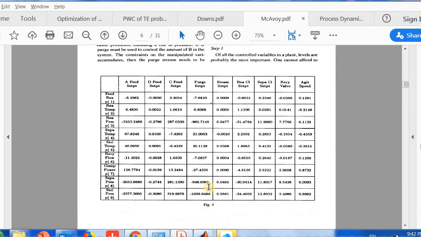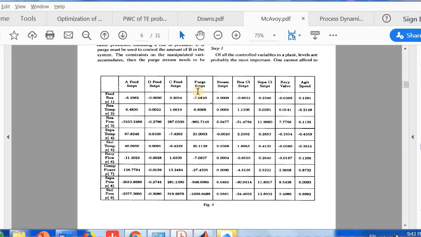You will see that McAvoy had done an RGA analysis, and you can use what he has done for the pairing of the manipulated variable and the control variable. It's beautiful, but you just can't use it off the shelf. For the RGA analysis here, you need to know how it is done and you need to explain it. If you really know how it is done and you run it, it's going to be great.